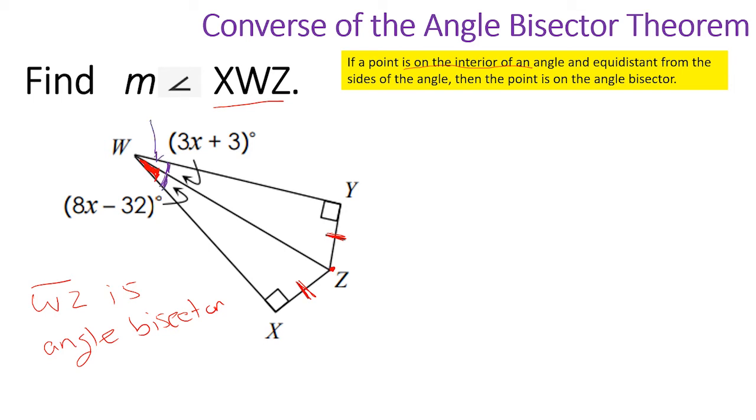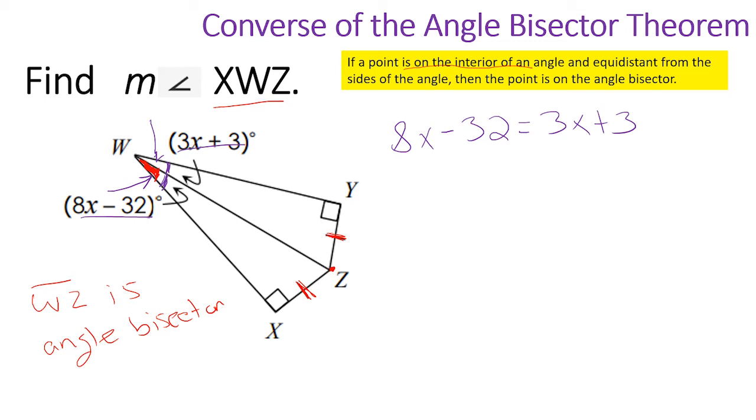So to find x, once again, we can simply set the two expressions equal, because angle XWZ is 8x minus 32, and angle YWZ is 3x plus 3. Since Z is on the angle bisector, they are congruent.